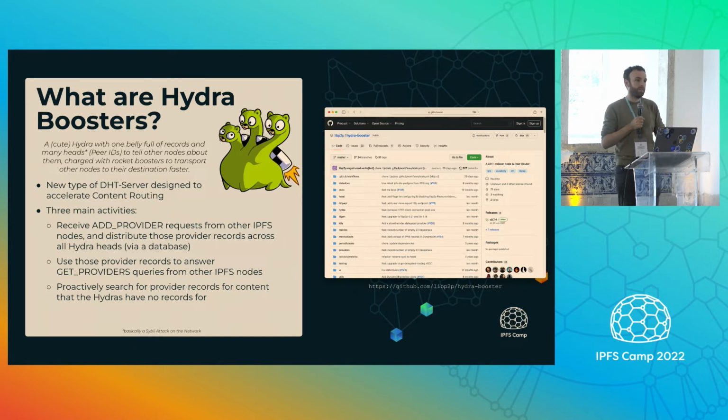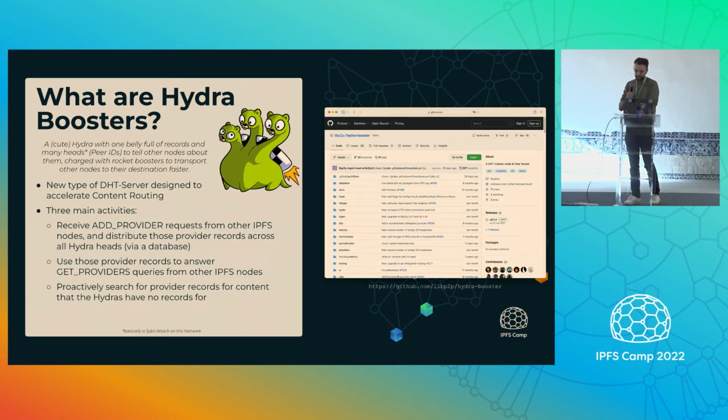And if they don't know about a provider record or a CID, they proactively search for those provider records in the network to store them in their own database. The code is open source. You can find it on libp2p/hydra-booster. So this is briefly what they are.